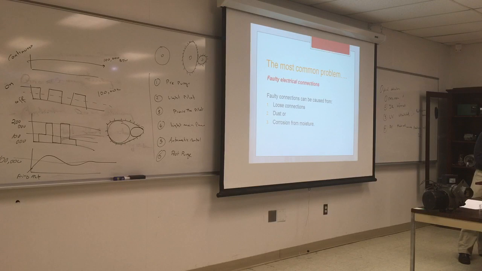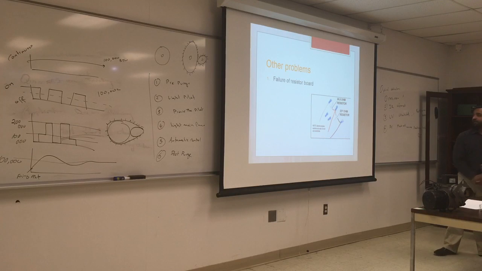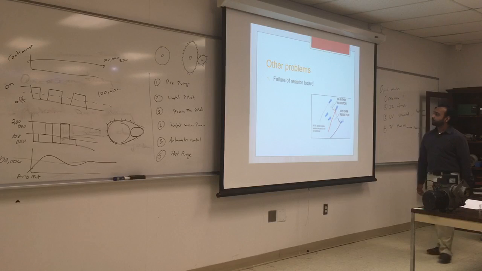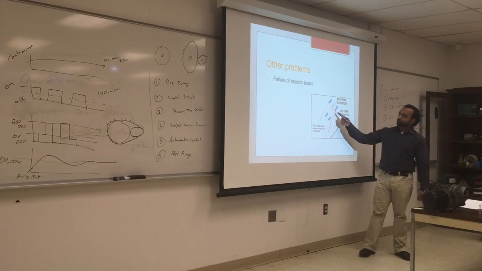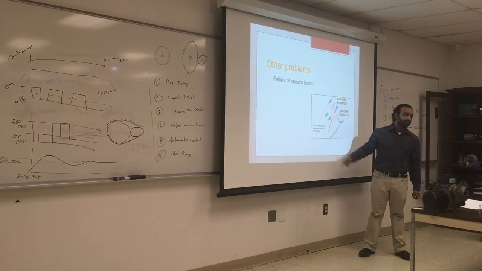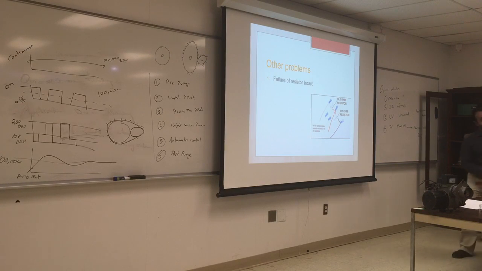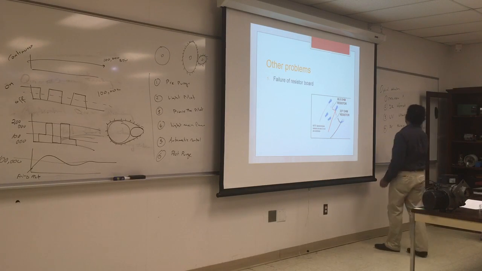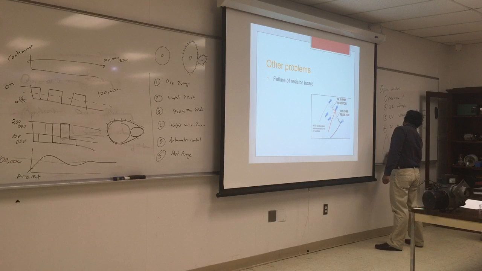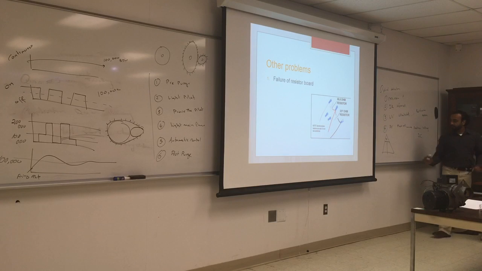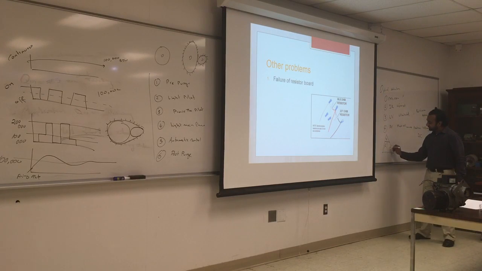Other problems you might have with the MDMs and firing rate control is failure of the resistor board that's inside the board. A lot of those connections have a resistor, and those resistors control the flow of amperage going to the components. According to Ohm's law, if I have constant voltage, voltage equals resistance times amperage.